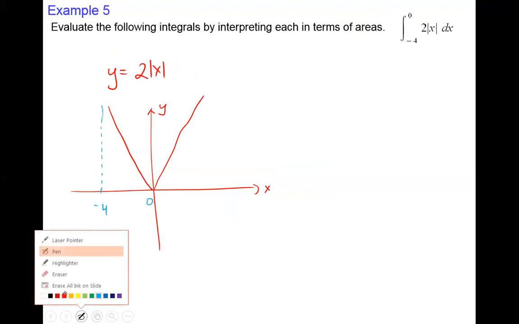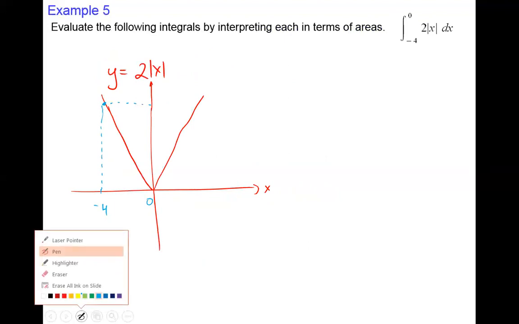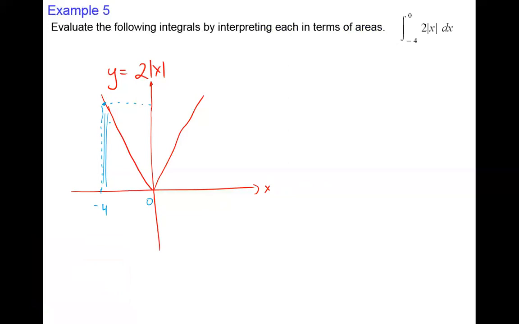I can draw my graph a little bit higher, and this is the region, that's the triangle. A little bit taller because of multiplication by 2.